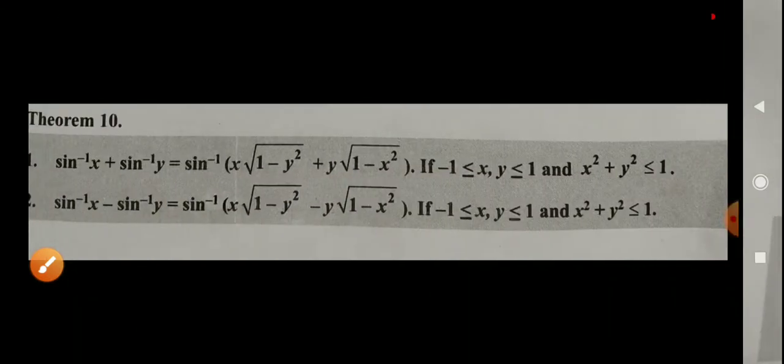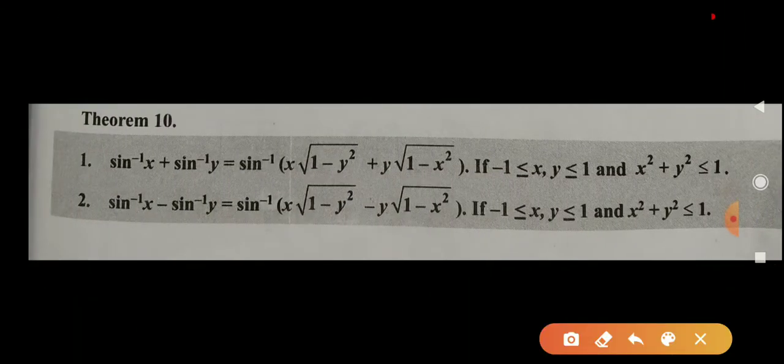Next is coming, it is theorem number 9. By mistake it is printed in the book as theorem number 10. So you see, sin inverse x plus sin inverse y equals sin inverse of x into under root 1 minus y square plus y into under root 1 minus x square. The condition is given again: x and y should be from minus 1 to plus 1, means values between minus 1 to plus 1, or minus 1 or plus 1 they may be there.